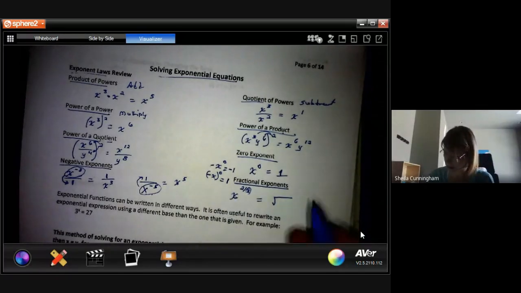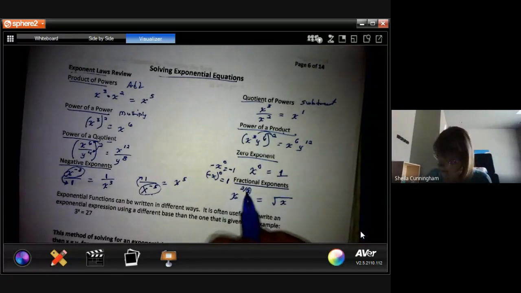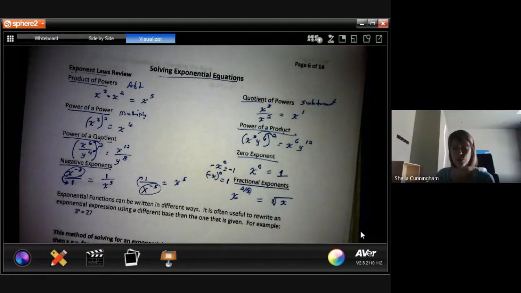The base always goes underneath my radical. The number in your denominator is the one that ends up in your index. So it's going to tell you, is it a cube root, a square root? In this instance, this is a cube root. The 2 is just a basic power, just like an exponent, like what we've been working with.